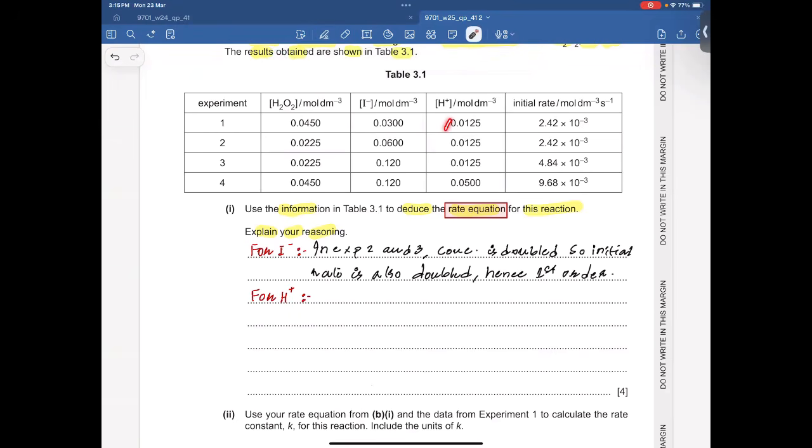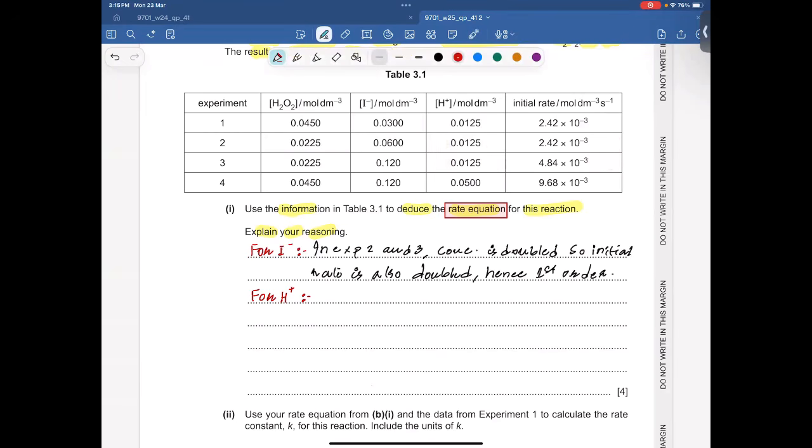Look, the concentration of hydrogen ion will remain same, and the initial rate will remain same. If concentration remains same and initial rate remains same, there is no change in the initial rate, and therefore with respect to hydrogen ion it is zero order. Now look at the second and third experiments: the concentration is the same but the initial rate changes. This means the initial rate doesn't depend on the concentration of hydrogen ion, and therefore it is zero order.